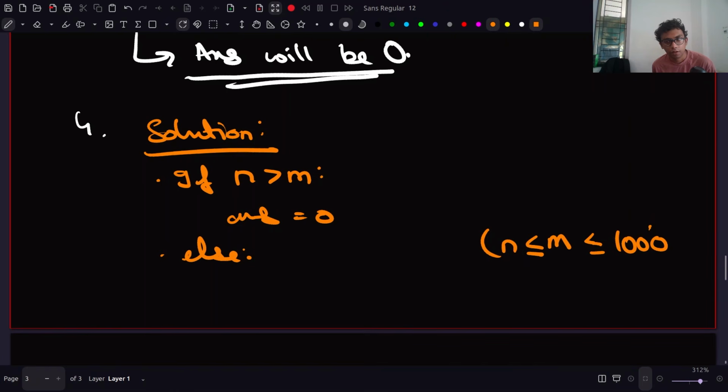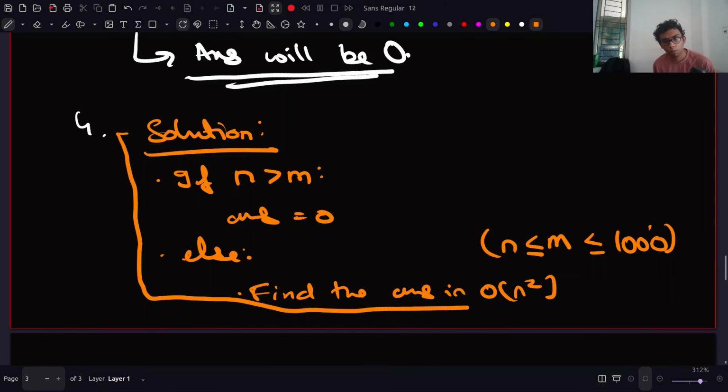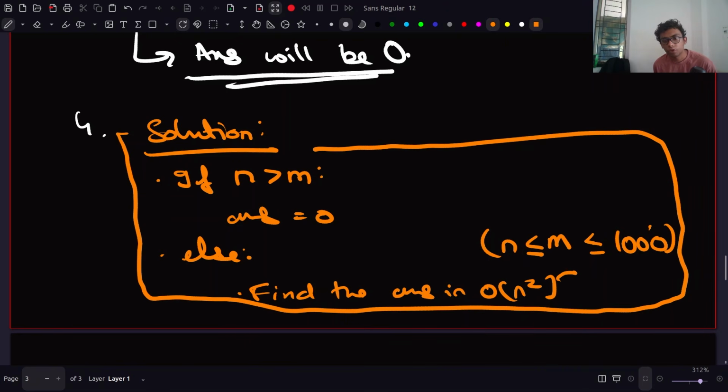So n will be at most 1000 in this case, and we can just find the answer in big O of n squared. So that's all for our solution, which is big O of n squared, or since n goes at most till m, big O of m squared. That's all for the solution to this problem.